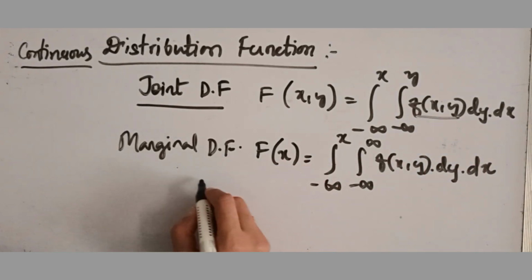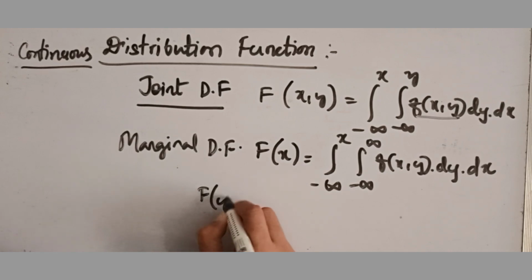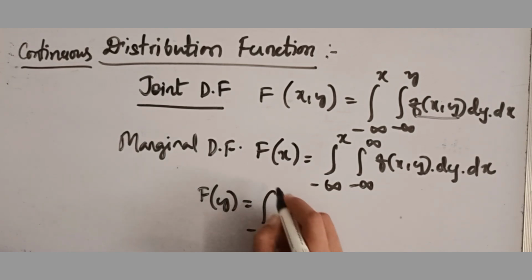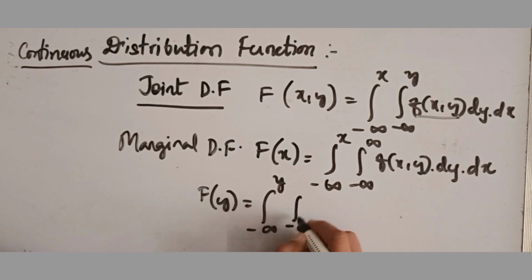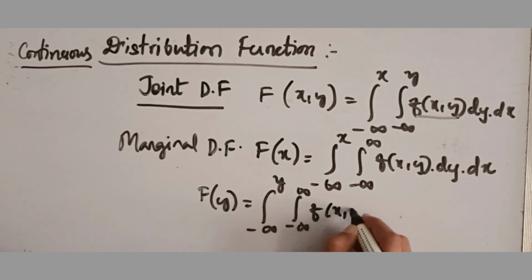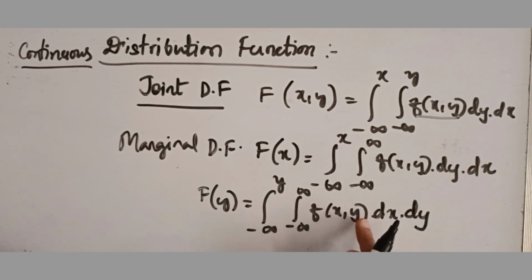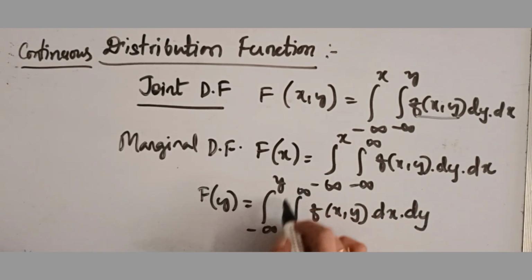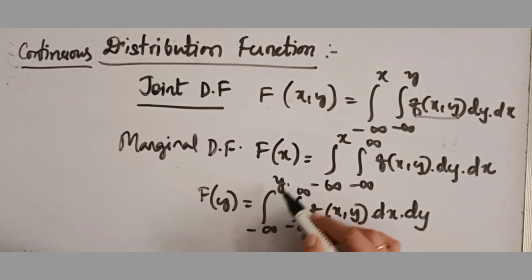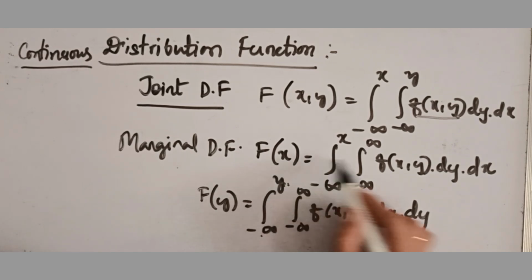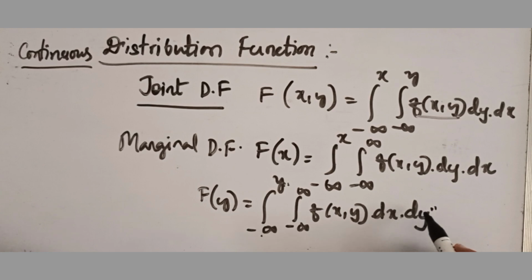Similarly, the marginal distribution function of y is denoted as F of y, which is equal to minus infinity to y, minus infinity to infinity, f of x comma y. Now I'll write dx first, dy next. That is the only change, because here for all values of x, then up to the value of y. That's why minus infinity to y. This limit is with respect to the variable y. Therefore, the outer differential should be dy.